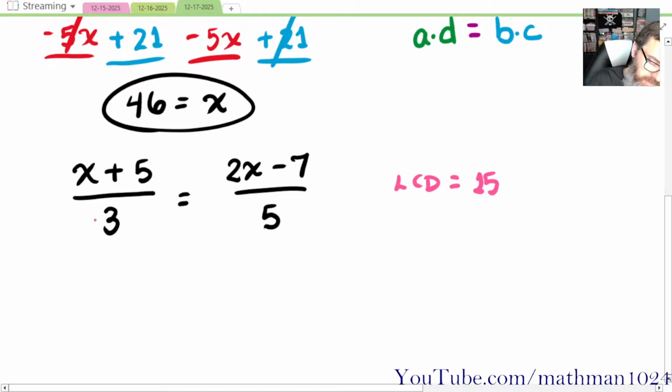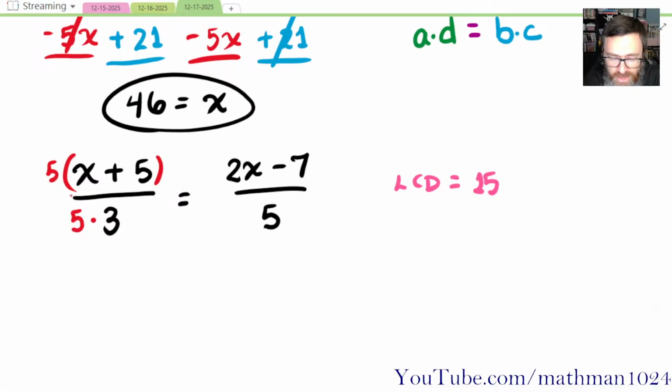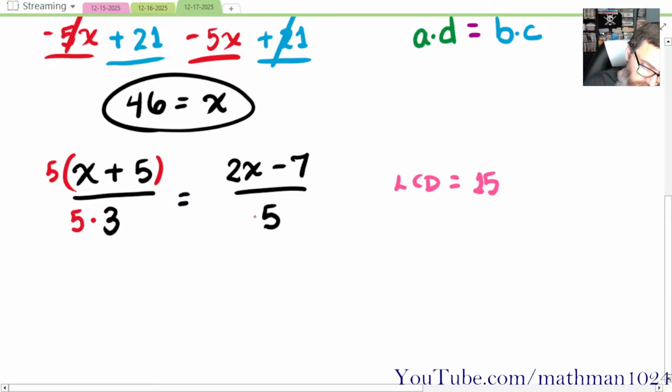So if I multiply each of these by their missing factors, the first is missing a factor of 5, so we put that in the numerator and denominator. What you see there in red, 5 over 5, is 1. You're multiplying times 1, it doesn't change the problem. On the right side, this denominator was missing a factor of 3 so that it could become a denominator of 15. And you'll notice that these denominators are exactly the same.